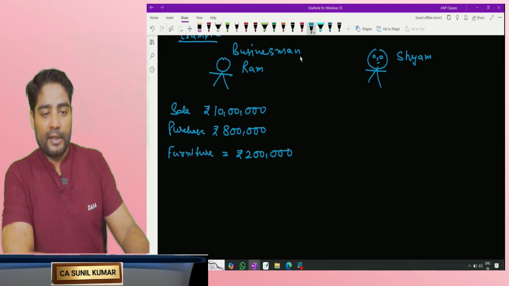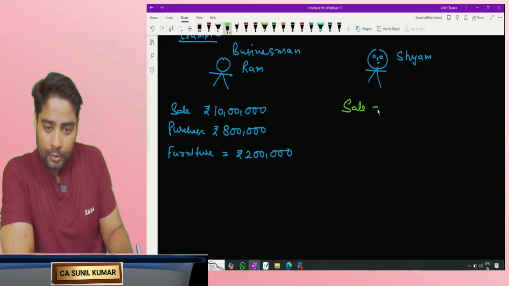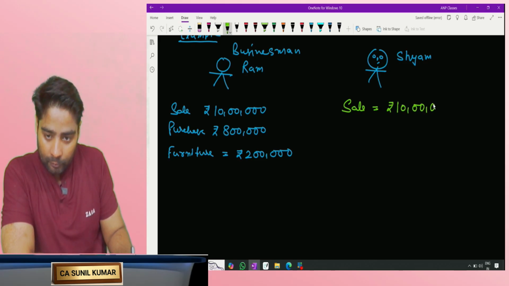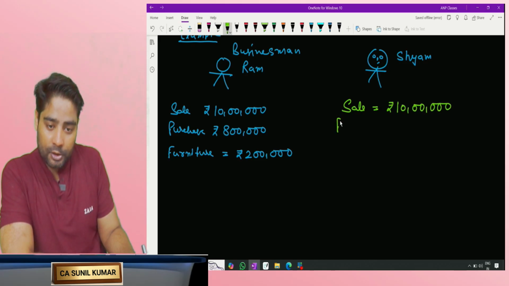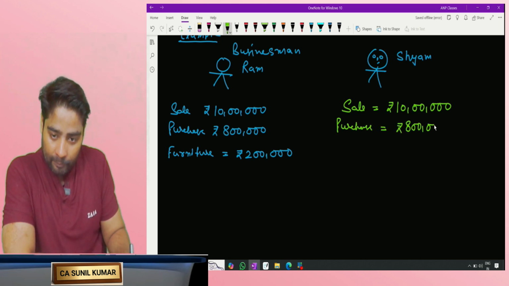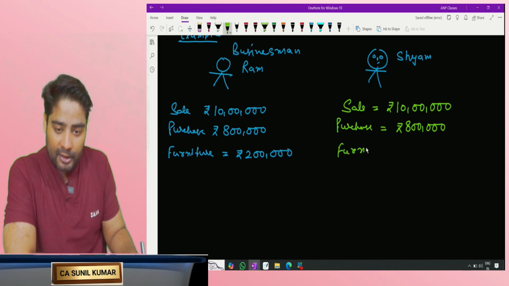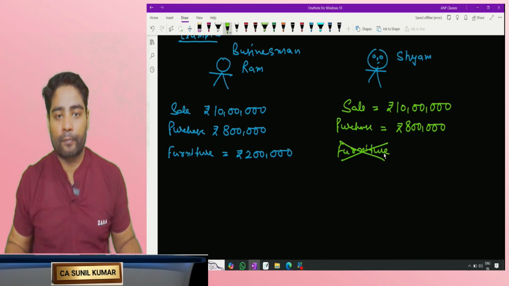Whereas on the other hand, Mr. Sham sold goods rupees 10 lakh. His purchases were the same as Mr. Ram, 8 lakh, but he did not purchase any furniture.